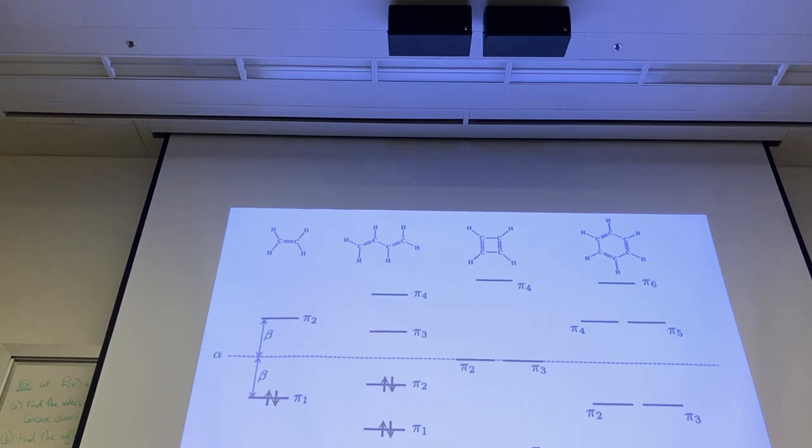So here it is. I have 2 electrons with the energy of the lowest molecular orbital, pi 1, and then the next 2 electrons with the energy of pi 2. Both have 2 electrons in it. So I'm just going to compute what that is. And what I find is this: 4 alpha plus 4.48 beta.